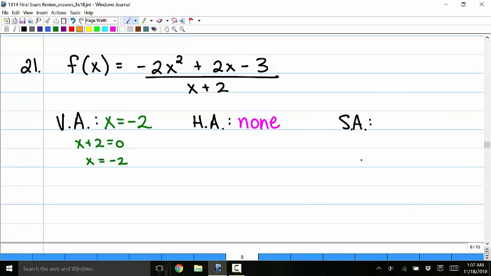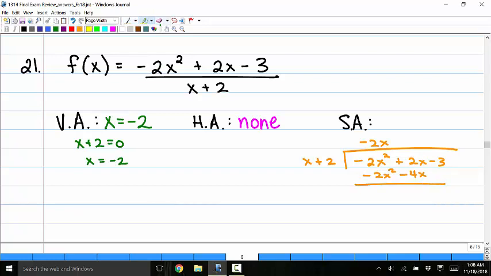And how do I find it? I need to do long division. Negative 2x squared plus 2x minus 3 divided by x plus 2. X times negative 2x gives me negative 2x squared minus 4x. How did I do that? I did negative 2x times this, gave me this. Now I subtract. So I need to change the signs. Plus, plus, that's gone. 2x plus 4x is 6x.